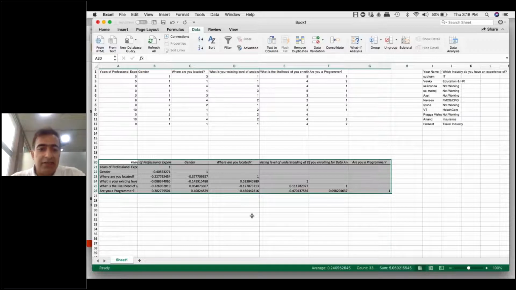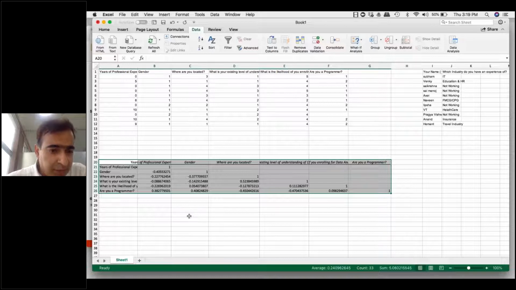If the correlation value is 1, that means there is a perfect correlation. When one entity goes up, the other entity also goes up. If the correlation is -1, that means there is a perfect negative correlation between the two. When one entity goes up, the other entity goes down at the same time. And if the correlation is close to 0, that means there is no correlation between the two.